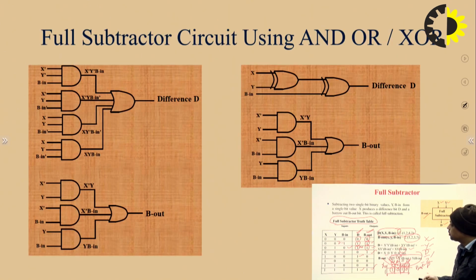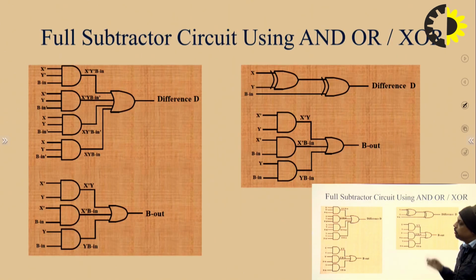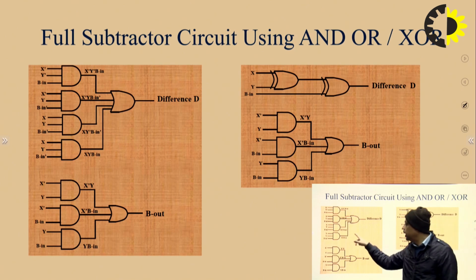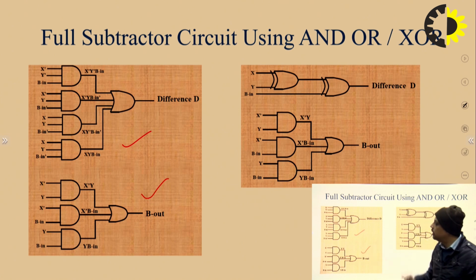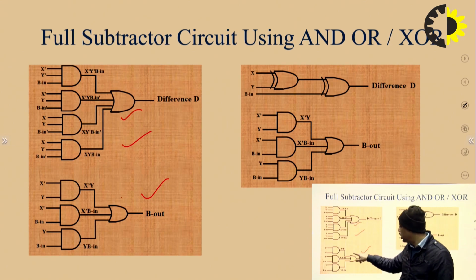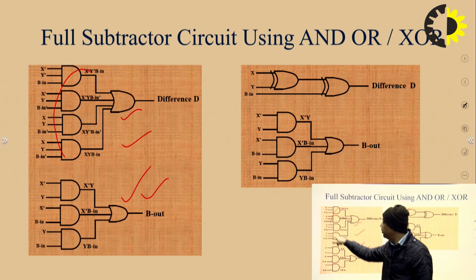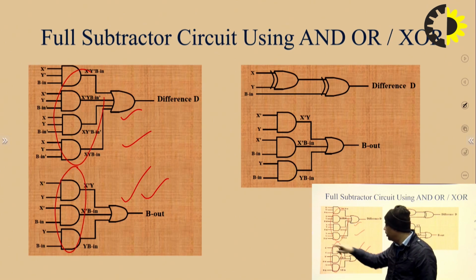Now if we see the implementation of the following function using basic logic gates, the difference function is like this and the borrow function is like this, and you can see over here that a multiple number of gates are required, like there is an OR gate over here, an OR gate over here, and multiple AND gates over here.